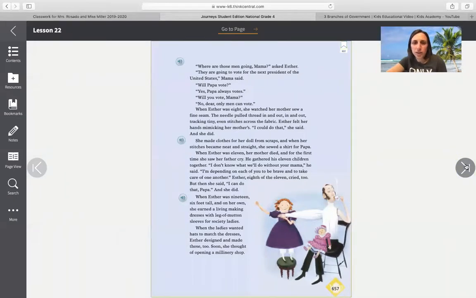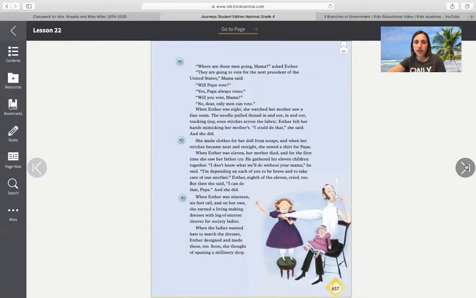Where are those men going, Mama? Asked Esther. They're going to vote for the next president of the United States, Mama said. Will Papa vote? Yes, Papa always votes. Will you vote, Mama? No, dear, only men can vote. When Esther was 8, she watched her mother sew a fine seam. The needle pulled thread in and out, tracking tiny, even stitches across the fabric.